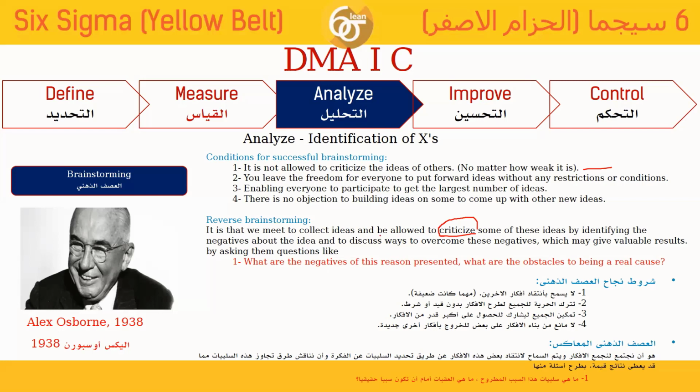When the negative idea or reason is represented from the other side, it will be more useful to get the real cause from that idea. So basically, this is one of the good things in reverse brainstorming, which is criticism. Criticizing an idea is not allowed in normal brainstorming, but it is allowed in reverse brainstorming.